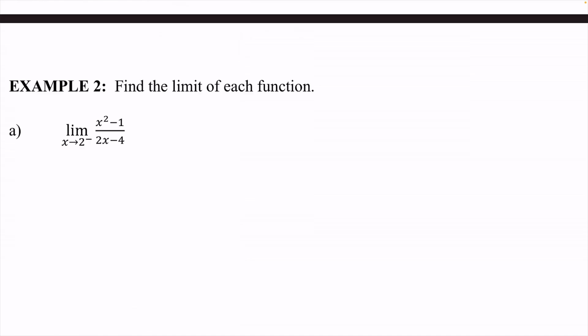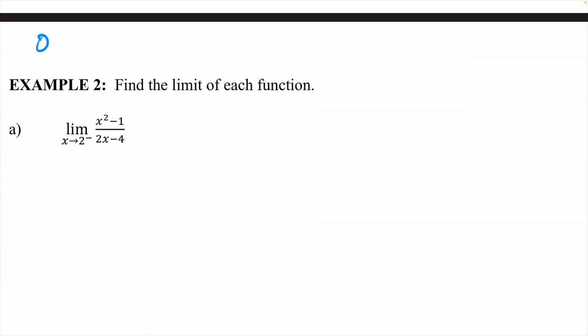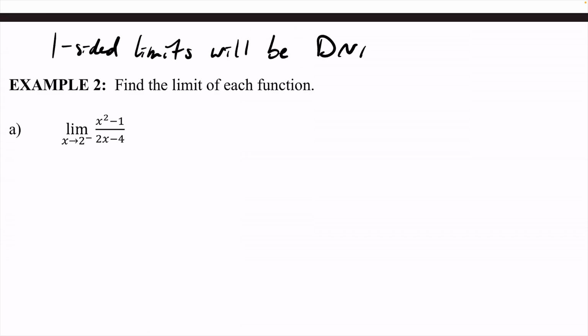So, one-sided limits, let me write that down. One-sided limits will never be DNE.